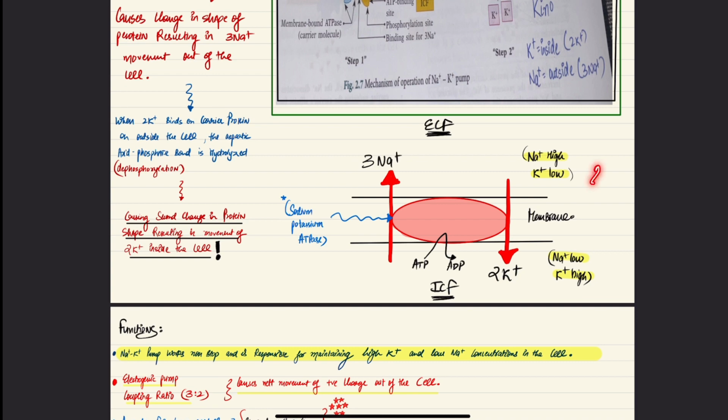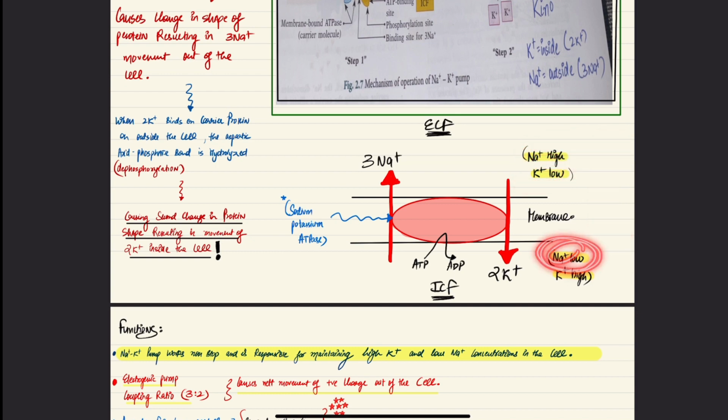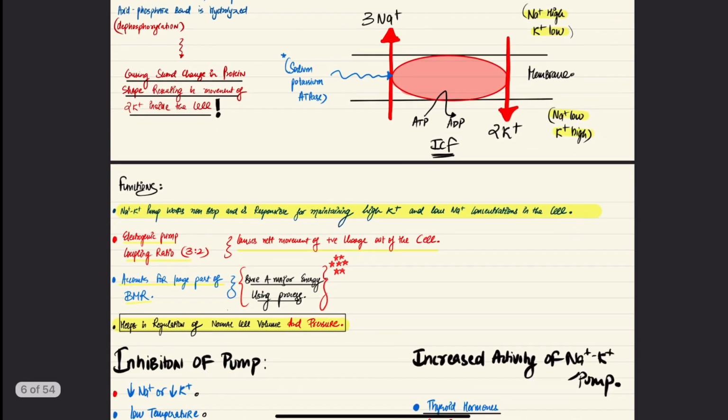Since K plus is moving inside and Na plus is moving outside, Na plus concentration will be high outside and K plus will be low outside, and Na plus will be low inside and K plus will be high inside.